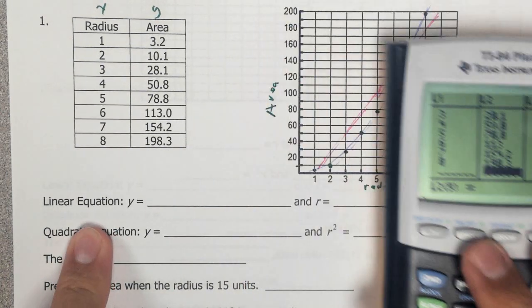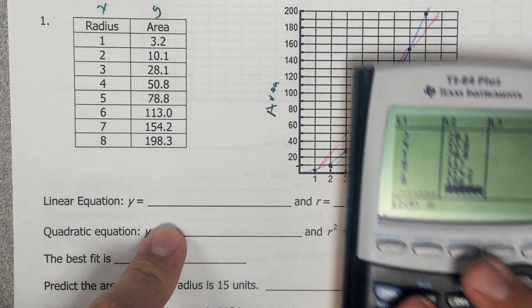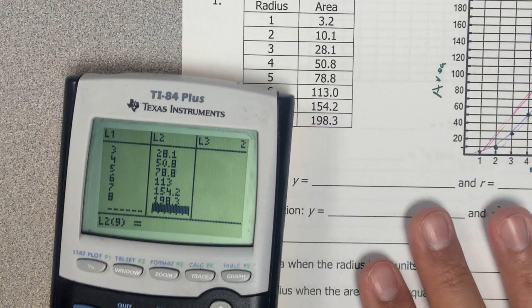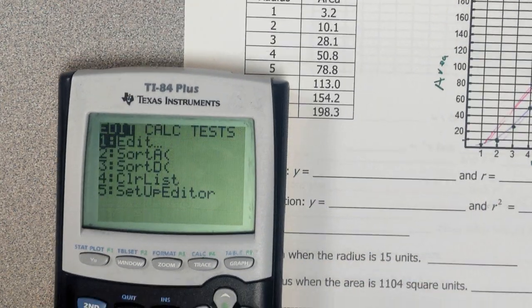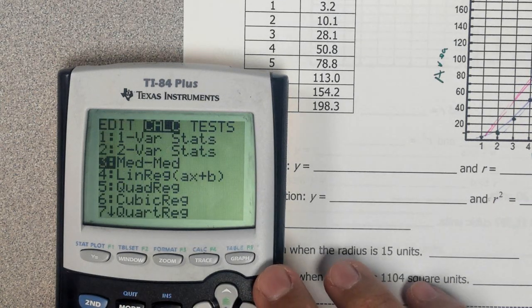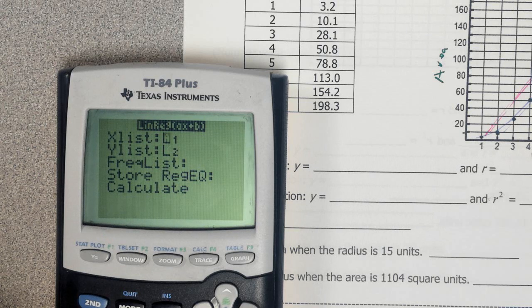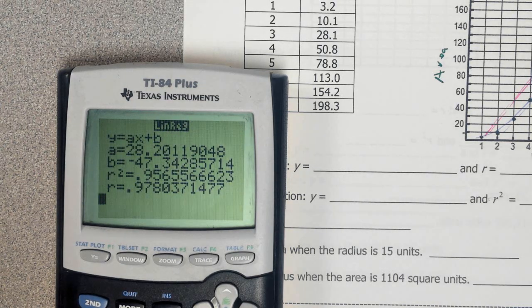The first thing it wants us to do is a linear regression. I've already turned my diagnostic on, so it's going to give me my R values. Alright, let's see what we get here. So we go to stat, go over to calc, linear regression, and calculate like this.